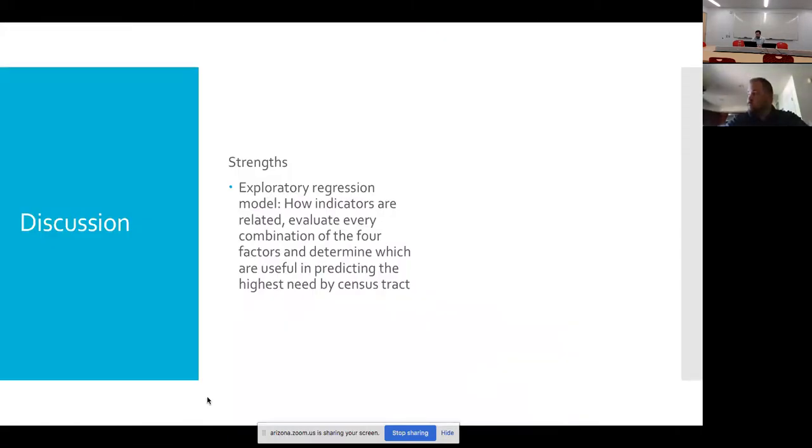And in terms of strengths of this project, I was able to pull data from a lot of different indicators and health data that was very difficult to find, and apply GIS to a program that is actually going to be able to use this project for the next competitive grant cycle in 2021. For future, I would like to do an exploratory regression model to see how the indicators are related and evaluate the combination of 4 factors and determine which are useful in predicting highest need by census tract.